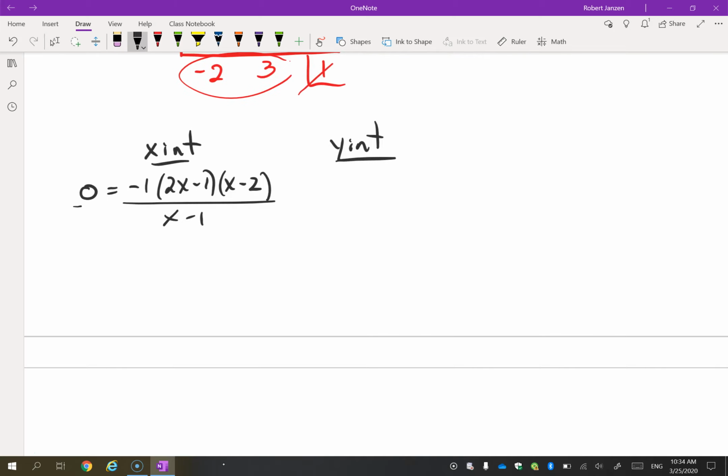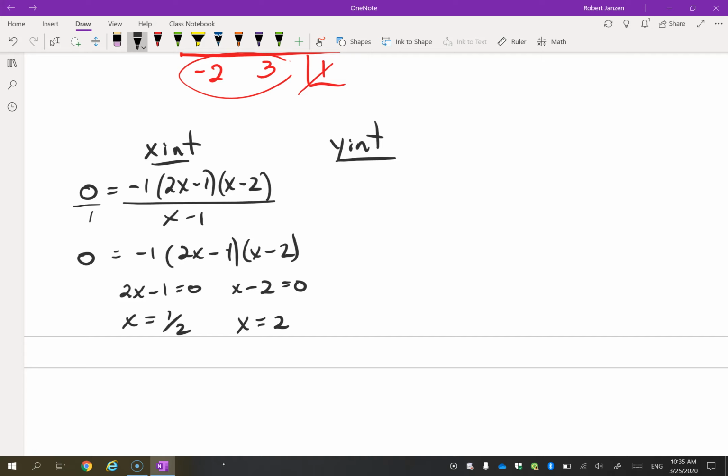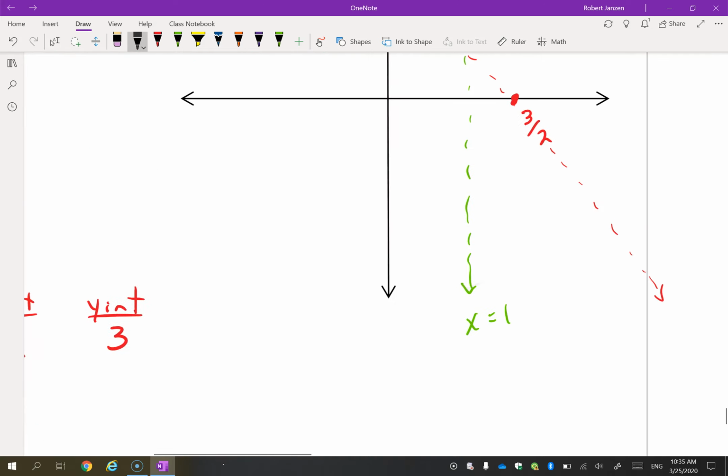So again, cross multiply. I end up with 0 equals negative 1 times 2x minus 1, x minus 2. So either 2x minus 1 is 0, or x minus 2 is 0. So x is 1/2, x is 2. Let's put those on the graph. X is 1/2, and x is 2.